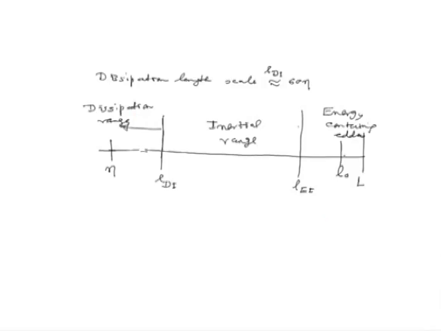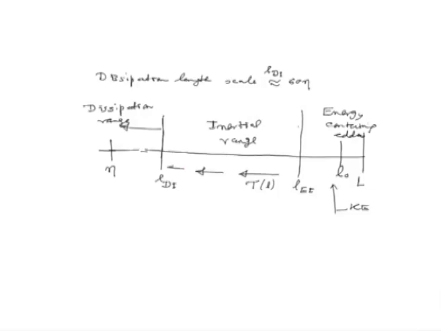So, what happens here is that the energy containing eddies at this length scale get the energy from the mean flow, KE goes to the eddies. In the inertial range, there is a transfer of energy from one length scale to another length scale.